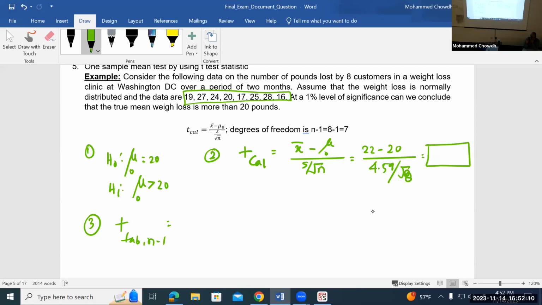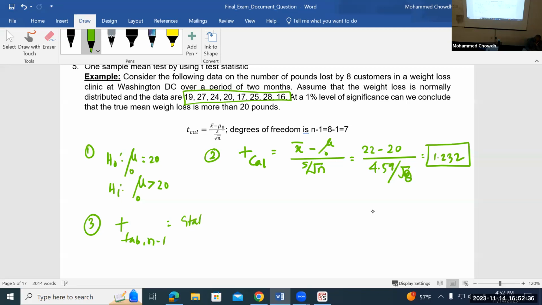Is it 8 or 7? 8. About 1.232. 1.232, right? Okay.